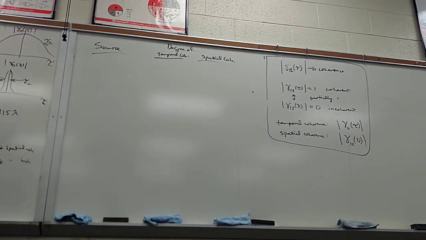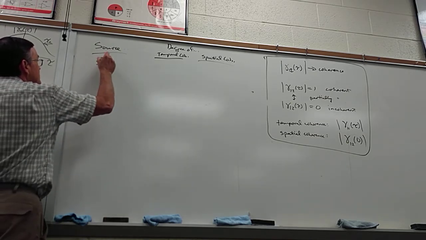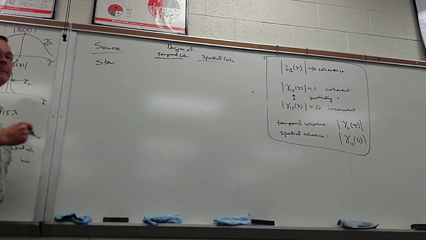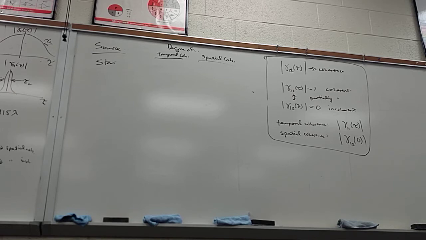Okay, so let's say that we are talking about a star in the night sky. So what would be the degree of temporal coherence? Would it have a high degree or a low degree? To answer that question, what's the one thing we have to know? Spectral width.